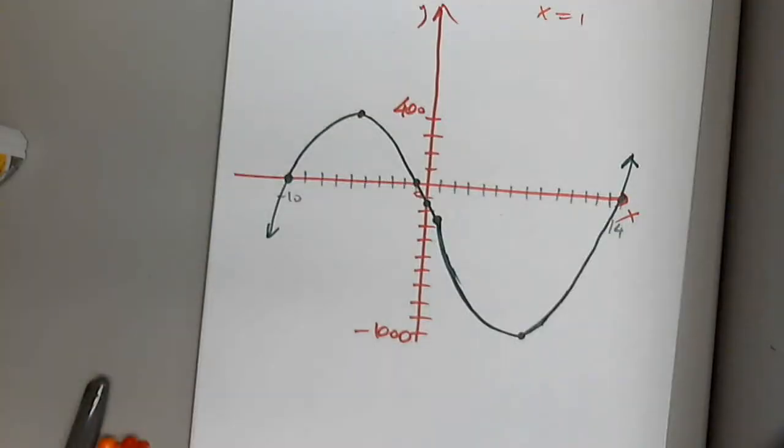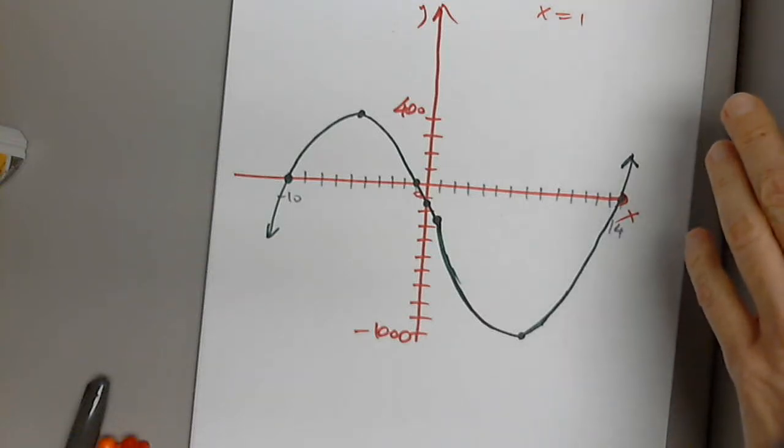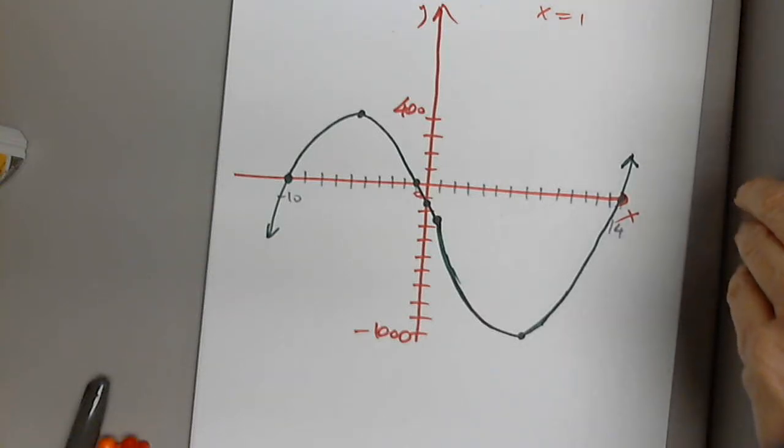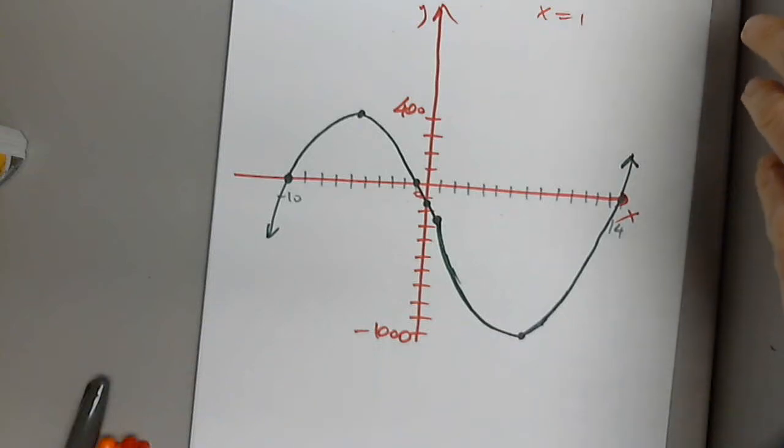So as you see, we did not need the calculator just to determine the x-intercepts. So now we can go to the graphing calculator for just one moment, and we can graph this, but remember we have to make huge adjustments to the viewing window. Huge. We're not going to see anything. So x minimum, negative 10, but I'm going to make it maybe negative 20.